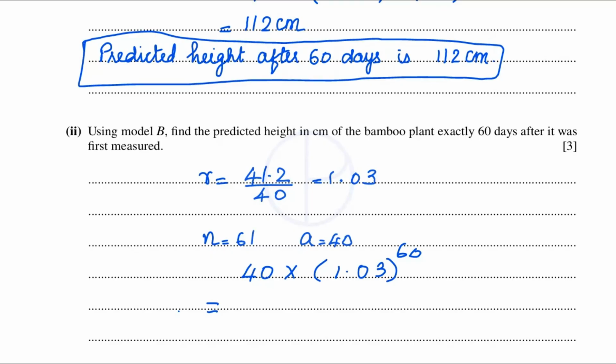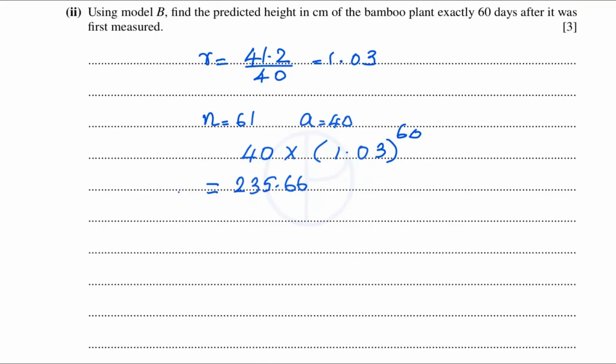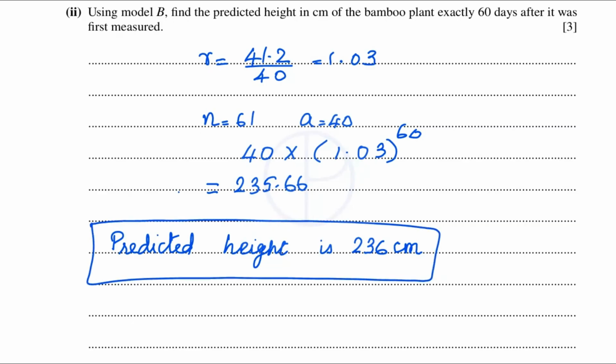On simplifying this, we get the value as 235.66. When you correct it to 3 SF, it is 236. So the predicted height is 236 centimeter.